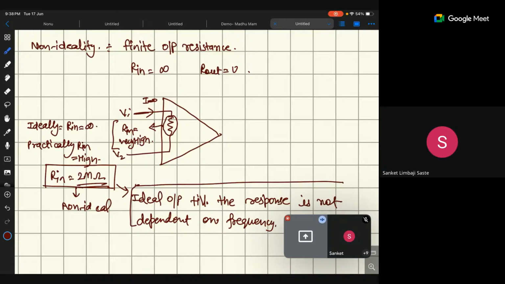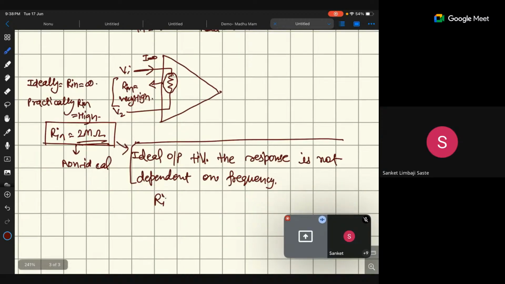But in the ideal op amp also, the R in value is high. That is the practical case, whereas it is infinite for the ideal case. So don't be confused that R in value is not infinite, so this is a non-ideal op amp. If R in value is high, this is still the ideal op amp.